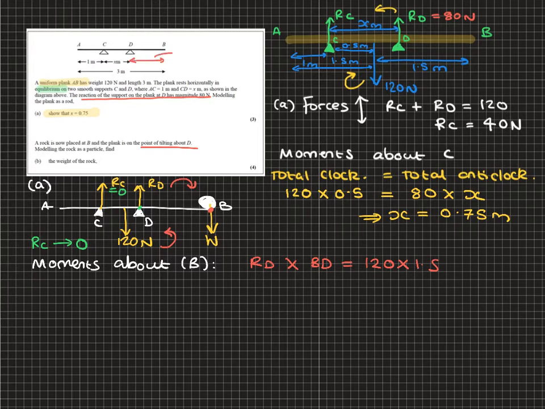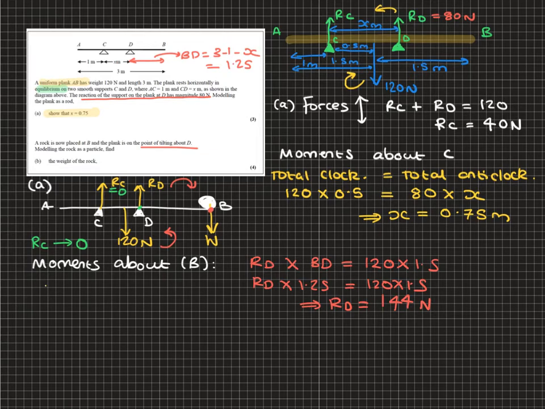Well, it's this measurement over here, and we know that BD is equal to 3, take away 1, take away x, which gives us a value of 1.25. So we have RD multiplied by 1.25 equals 120 multiplied by 1.5. RD can then be worked out to be 144 newtons.